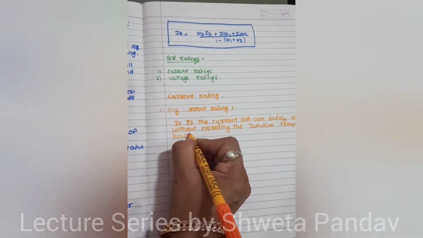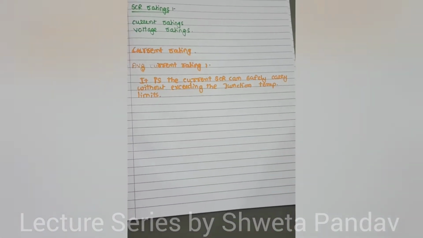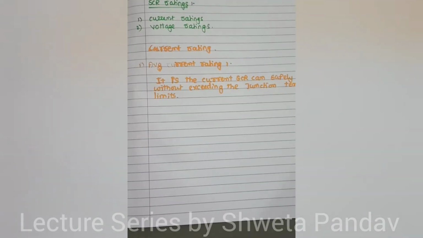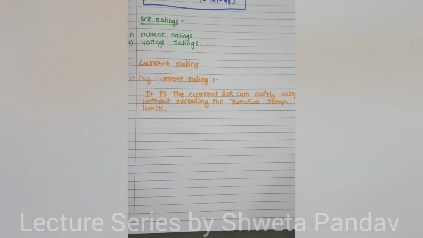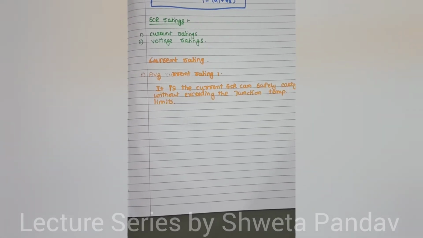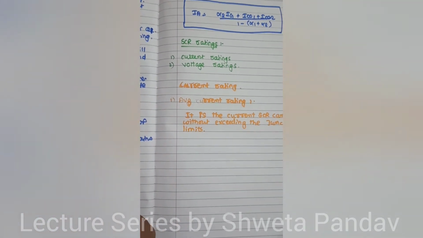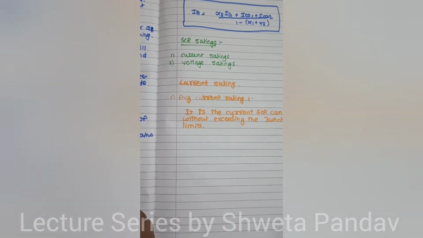As we have seen, there are three junctions in an SCR. For each junction the temperature limit is decided, so the average current rating is the current which can flow through the SCR without exceeding this junction temperature.